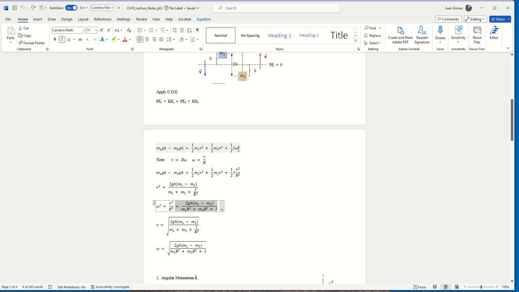Again, what I did is I took omega squared, put in v squared over r squared, solved this equation for v squared, and once you have v squared, divide it by r squared, and that gives you omega squared.